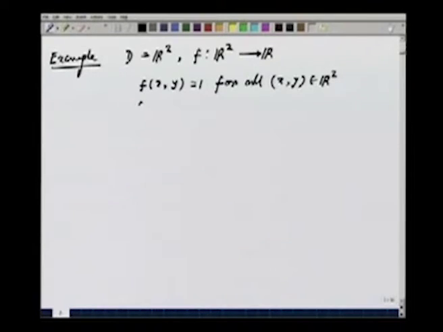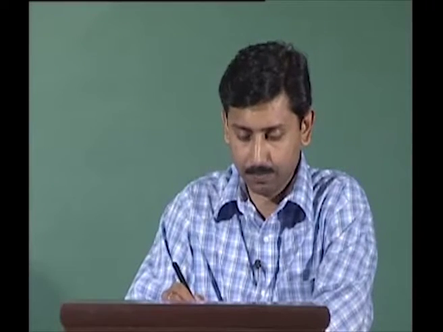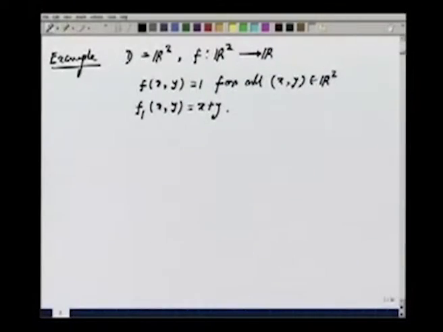I can also define f1 of (x, y) to be equal to, what can you do with two real numbers? Well, you can add them, so f1 of (x, y) is just x plus y. Similarly, I can define f2 of (x, y) equal to x minus y.